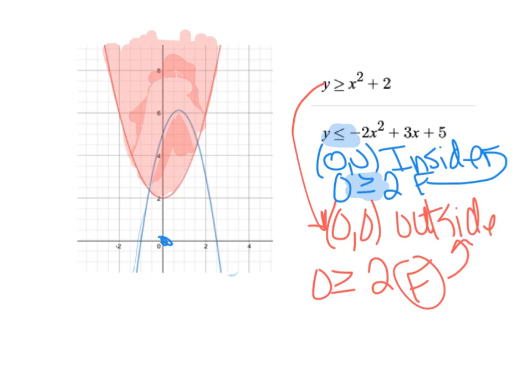So let's fix that really quick. That should have been less than, not greater than. So that should have been less than or equal to. And 0 is less than or equal to 2. So that is true. So this should have been true, which means since it's true, we should shade the inside. Sorry about that. Which means we would shade the inside.